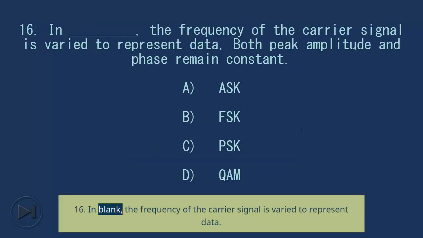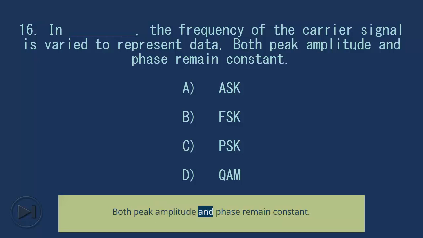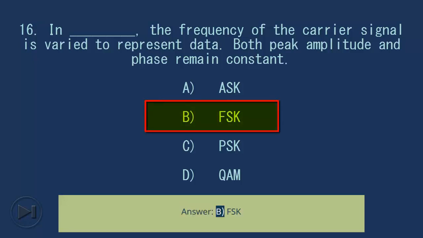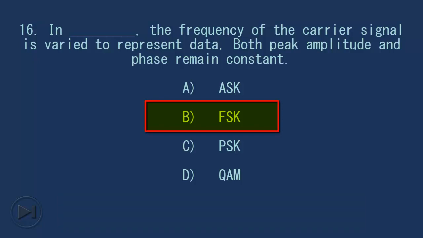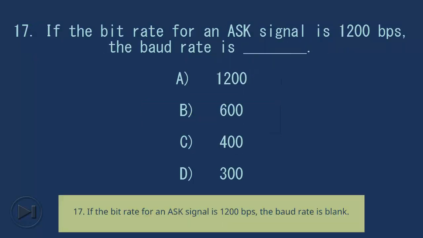16. In blank, the frequency of the carrier signal is varied to represent data. Both peak amplitude and phase remain constant. A. ASK. B. FSK. C. PSK. D. QAM. Answer, B. FSK. 17.